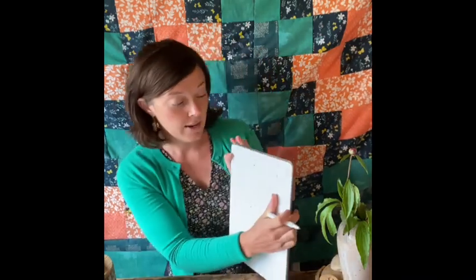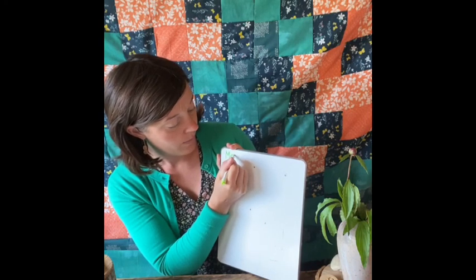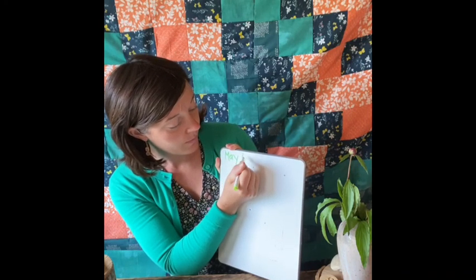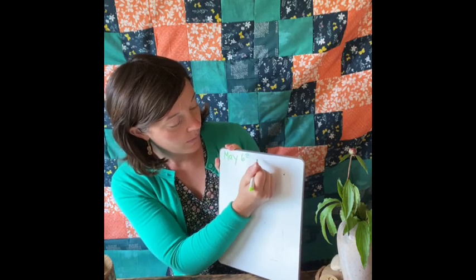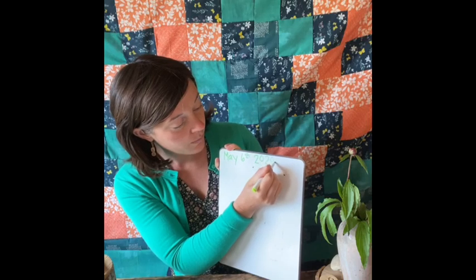Well, first of all, let's get the date. We haven't done our journal in a while together. So, today's date is May the 6th, 2020. Okay, just give me 1 second.